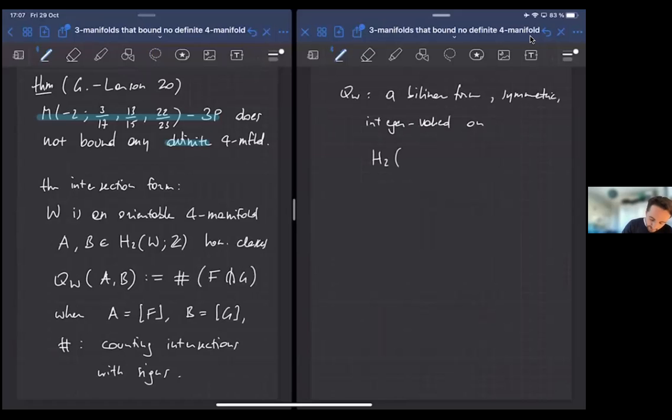Not really on H_2 of W, but rather I want to mod out by torsion.